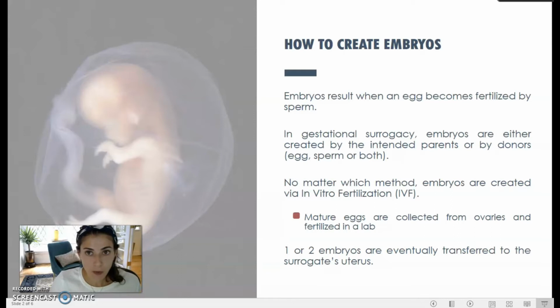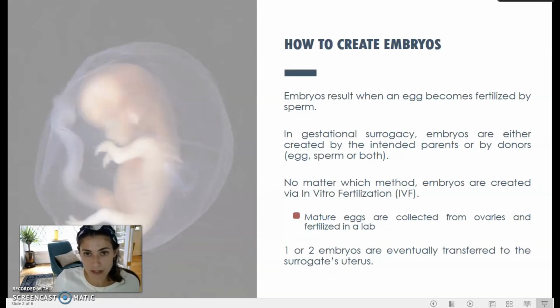But no matter what, it's always an embryo, which is the culmination of an egg and a sperm, into the uterus of a surrogate. And no matter which method, so no matter if it's the intended mother going through IVF or if it's a donor, both of these parties have to go through in vitro fertilization, IVF.